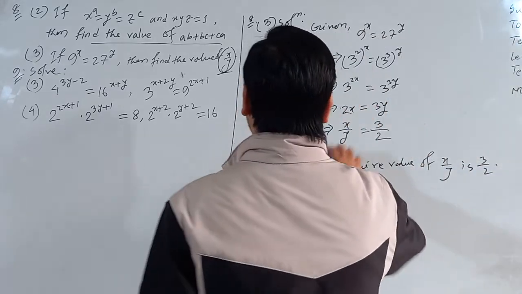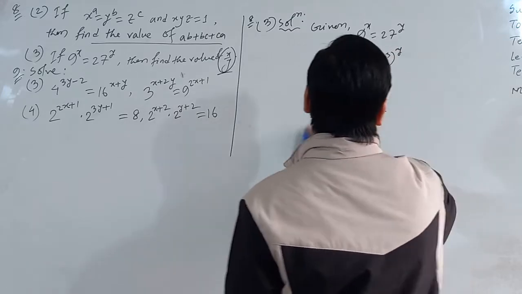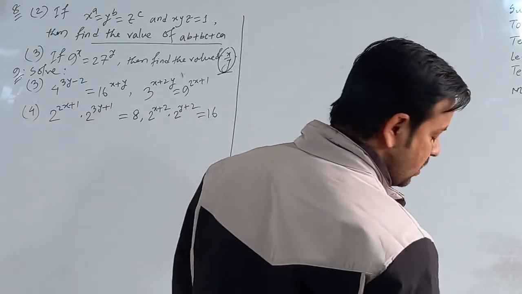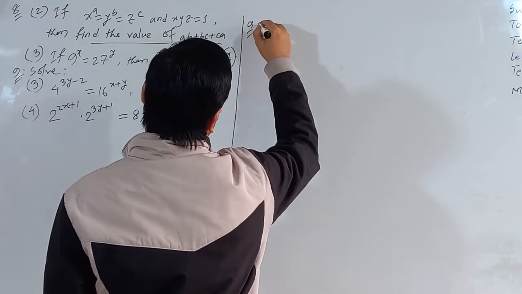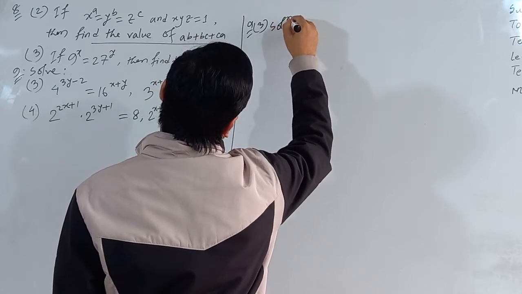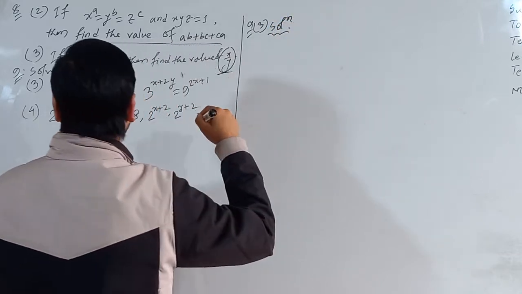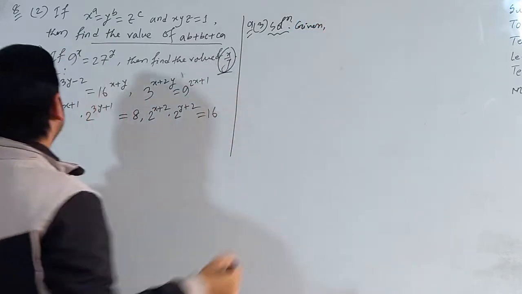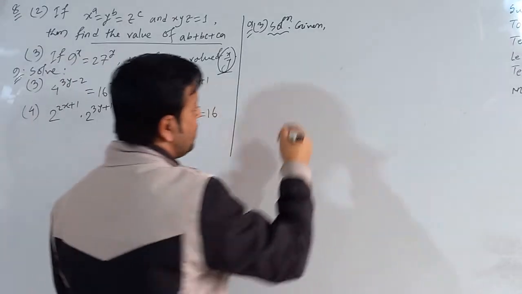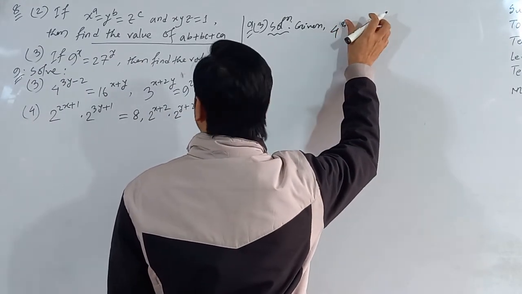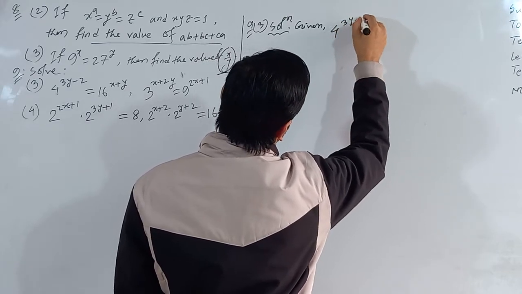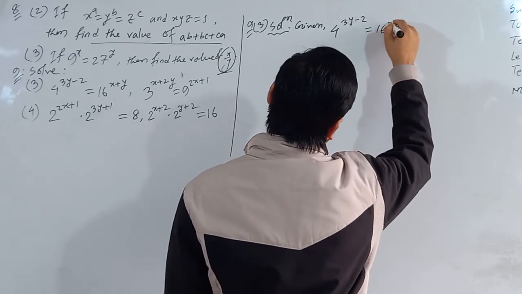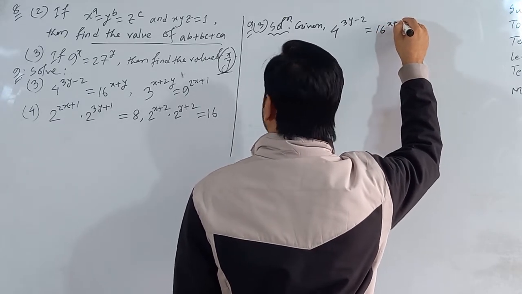Okay, dear students, so look at the question here. What is the question here? This is the solution. Here we have to write the given equation at first. So we can write here given: 4 to the power 3y minus 2 is equal to 16 to the power x plus y.